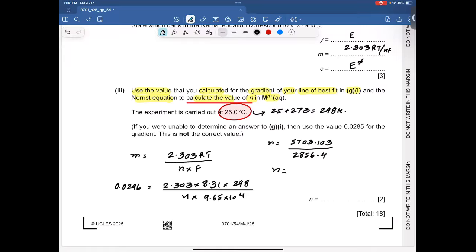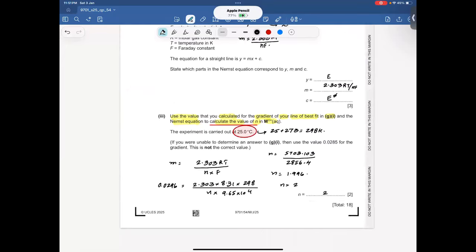Let me calculate the value from here. 5703.103 divided by 2856.4. So you will get 1.996, and that's equal to 2. So the charge of this metal ion has to be 2 plus. Okay, that's the value of n, and that's the end of this paper also. Thank you very much, guys.